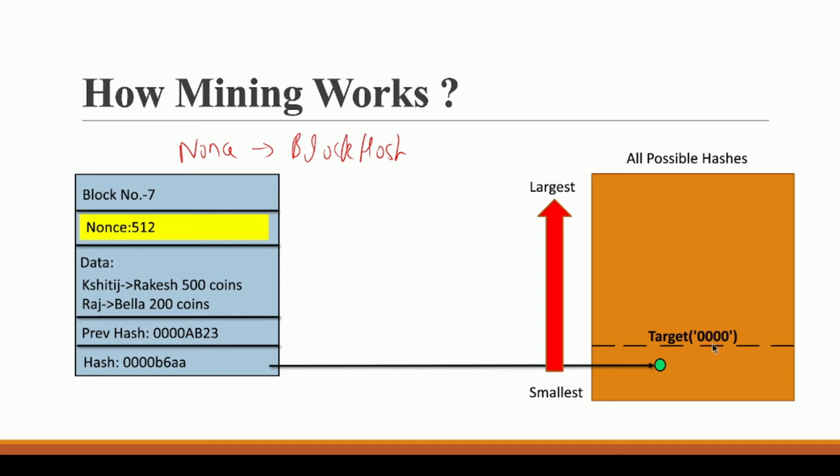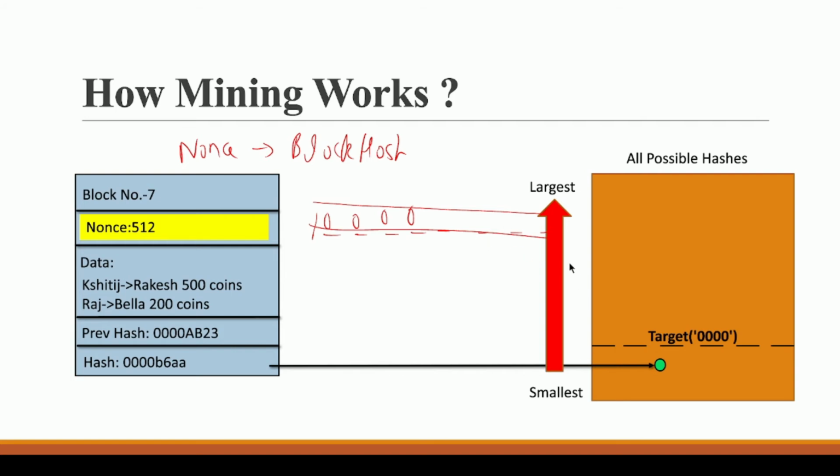We have 64 characters, and for the target to be achieved, the first 4 numbers should be 0. Any number below this number can be anything. Any number that is below this number will be the desired hash, and the miner who generates that desired hash will be awarded.